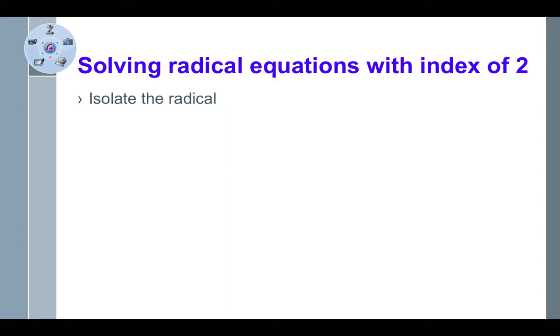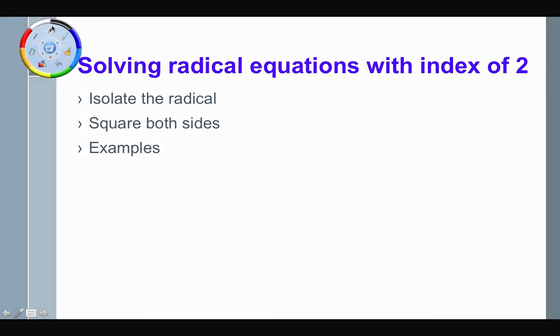The first thing we're going to isolate is the radical piece, the piece with the square root. After that, in order to undo a square root, we need to square both sides of the equal sign. Once we square both sides, we need to double check our answers and make sure that they work and we don't get extraneous results.